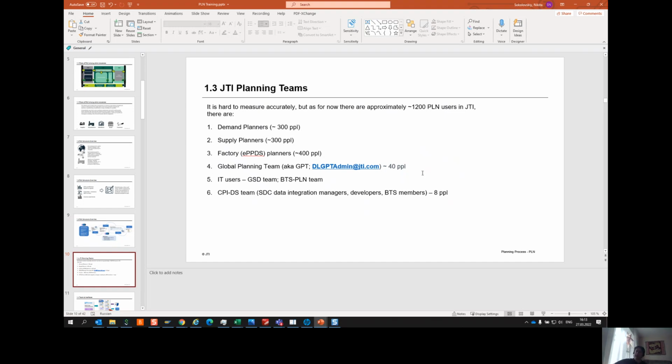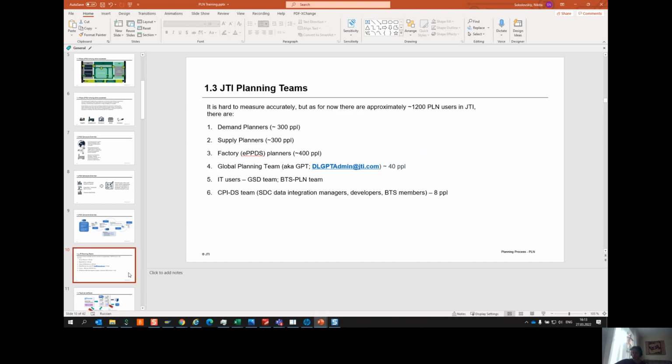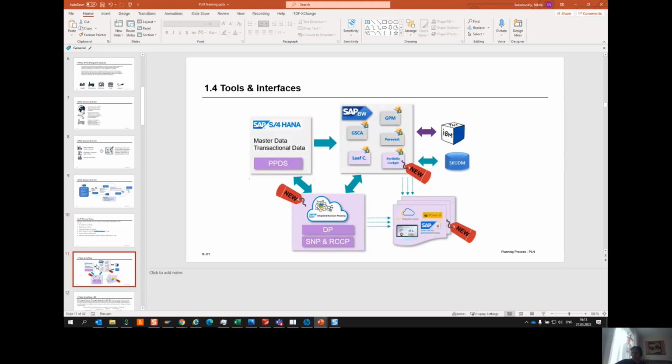I've checked today, and this team consists of SDC data integration managers, several people, like maybe you know Lev Lokshin from the PIPO team. That's him and his team members. Also, a couple of developers and several BTS members are responsible for maintenance of this tool. So that's all about JTI planning teams.